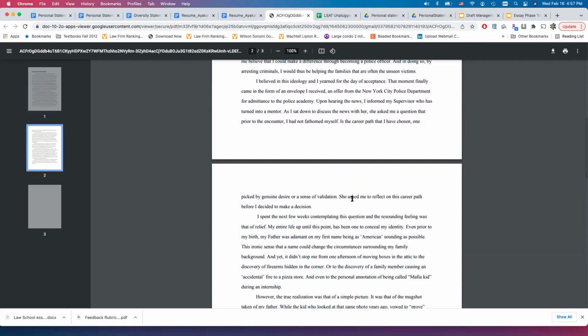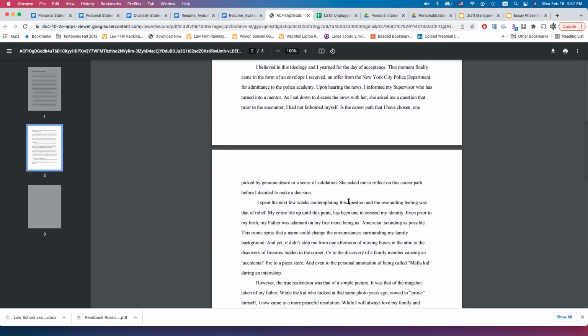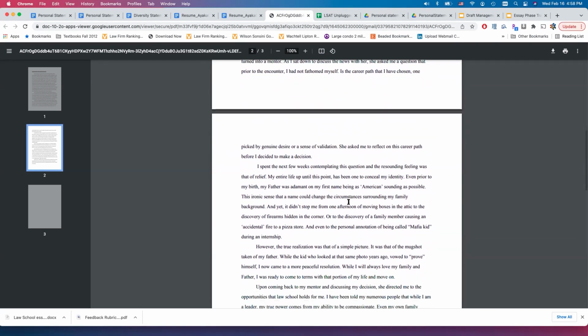But I think the realization, especially with the mugshot photo and other family members too, is: what do you do when a parent who's supposed to be Superman ends up doing stuff that's not Superman material? Sure.